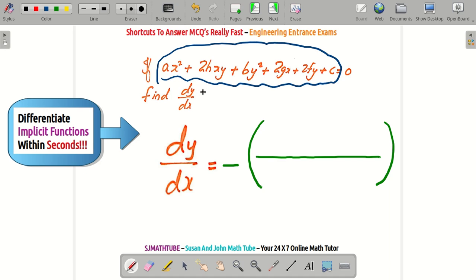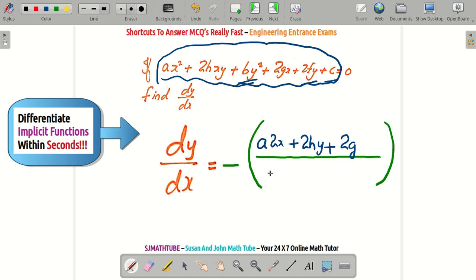I mean partial differentiation. So you're going to get a into 2x, because we assume x to be the only variable, plus 2hy into 1 plus 0 plus 2g into 1 plus 0 plus 0.